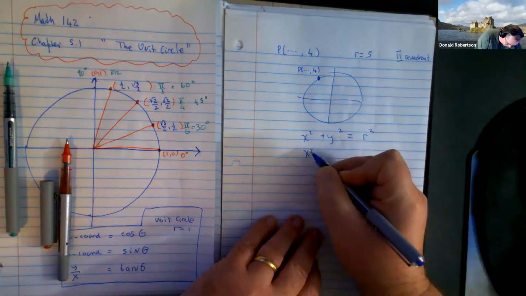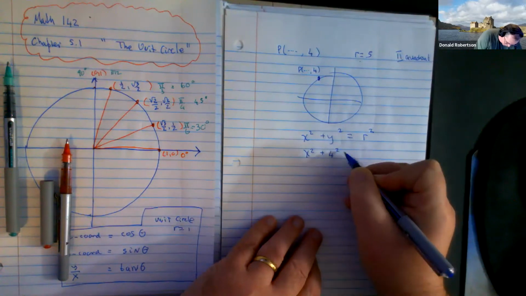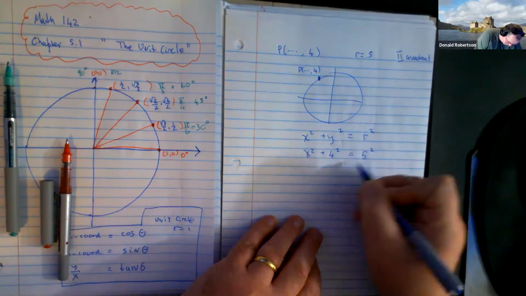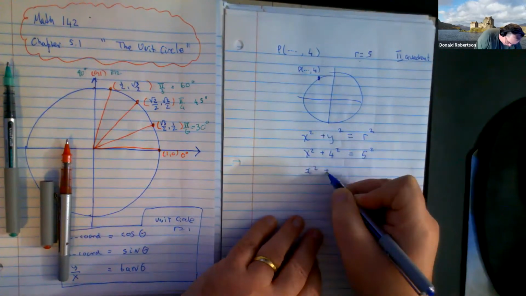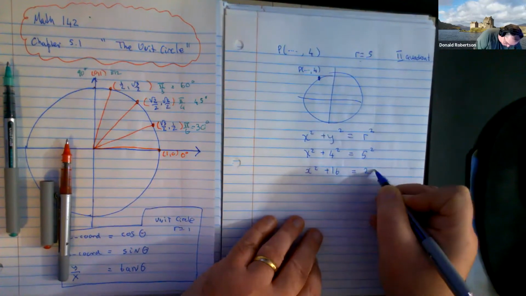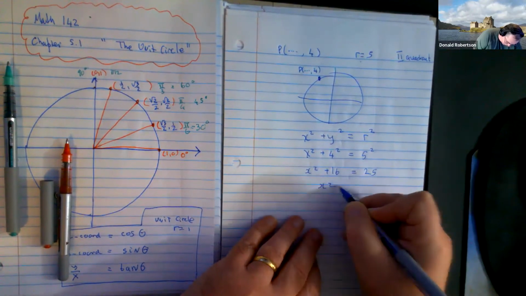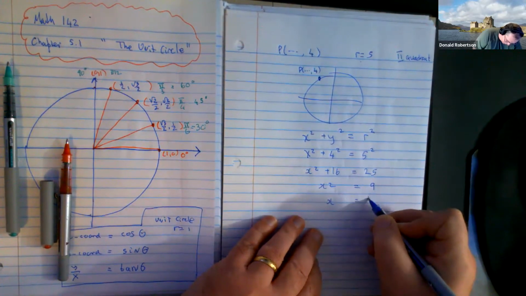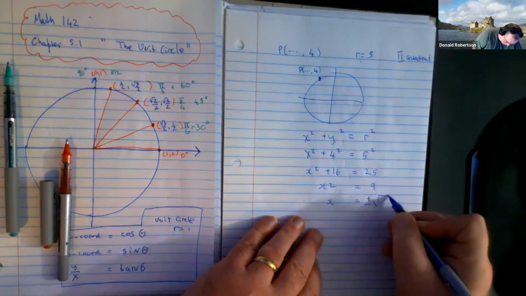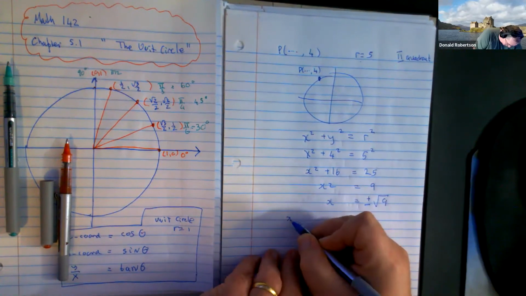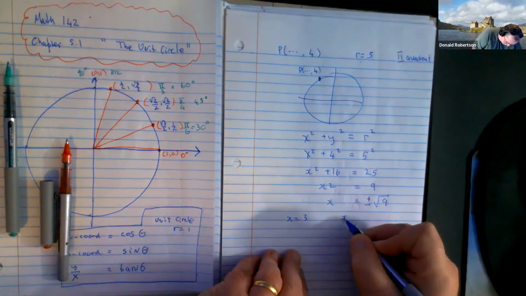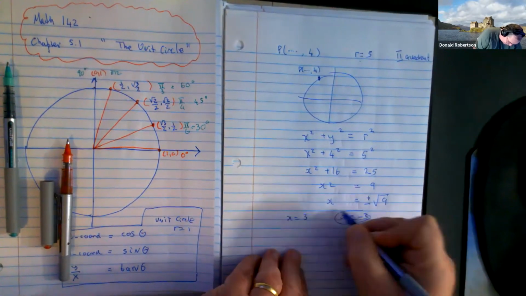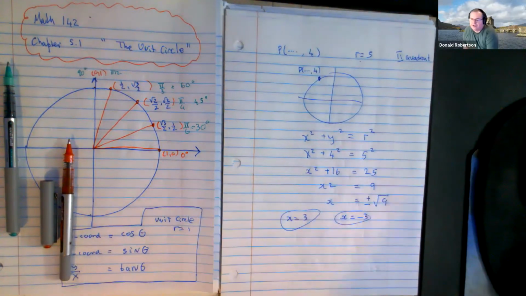So I know that x squared plus 4 squared equals 5 squared, which is x squared plus 16 is 25, which means x squared is what, 9? And so x will be positive or negative the square root of 9, which means I have a decision to make, which is which one of those is the right coordinate in this situation.